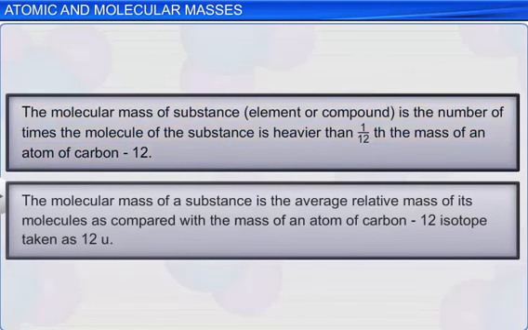In other words, the molecular mass of a substance is the average relative mass of its molecules as compared with the mass of an atom of carbon-12 isotope taken as 12 U.